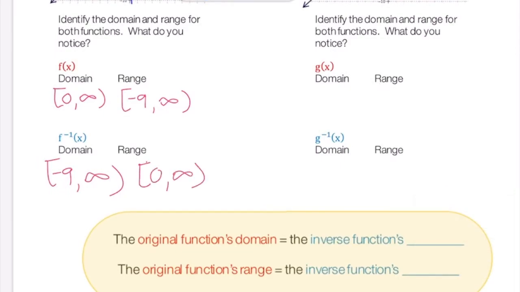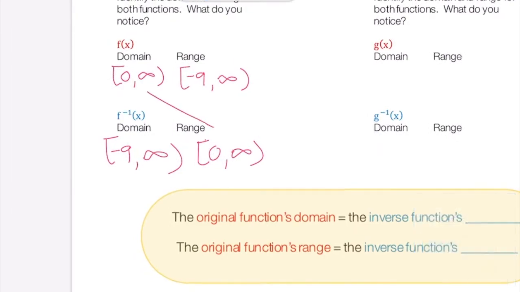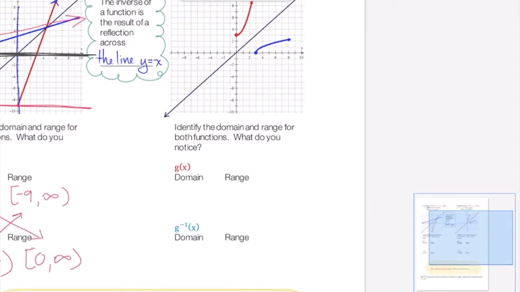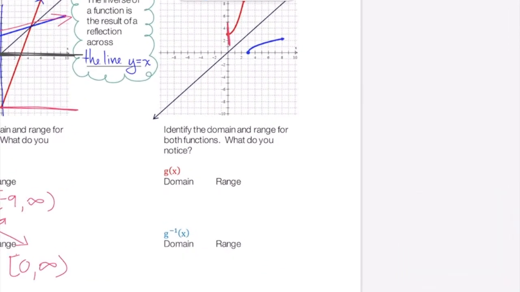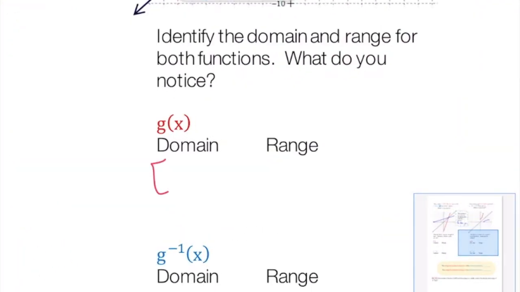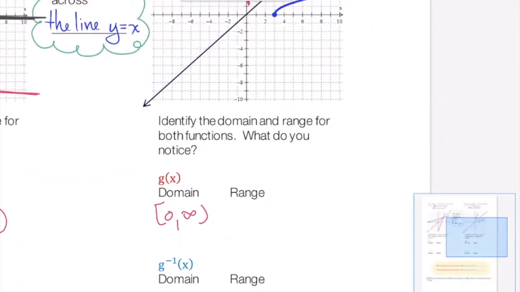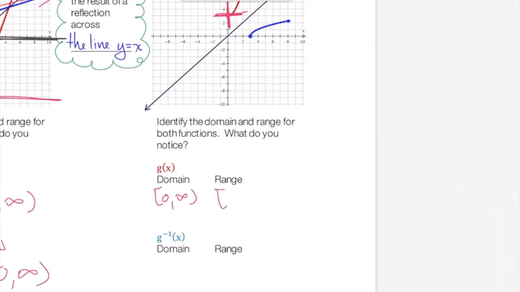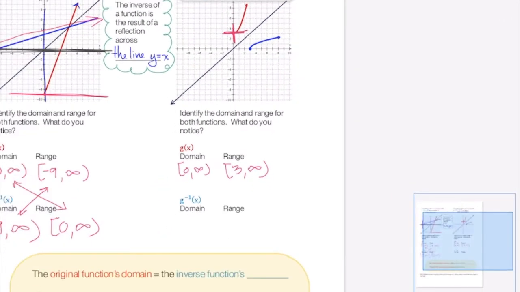I want you to notice what happened there. If we do it here, so for my red function, our domain goes from 0 to infinity, and the range goes from 3 to infinity. So maybe you can predict what the domain and range for the inverse of g would be.